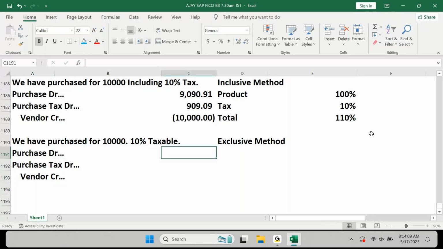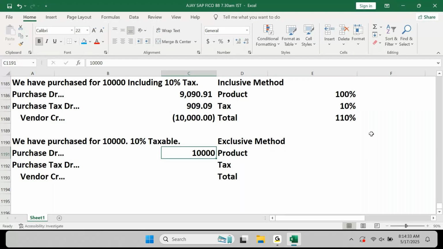Here what I have to do, I have to put the same values again. In this case, is 10,000 my total value or my product value? This is product value. 10,000 is the product value. Can I put 10,000 here?